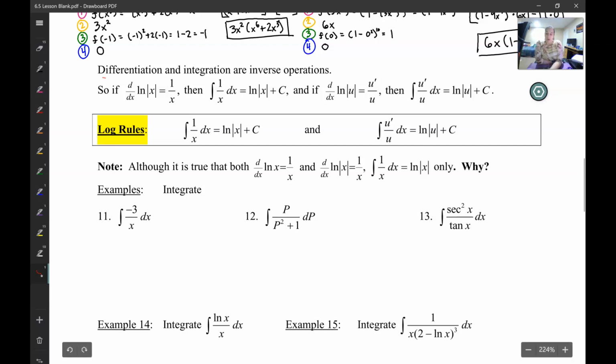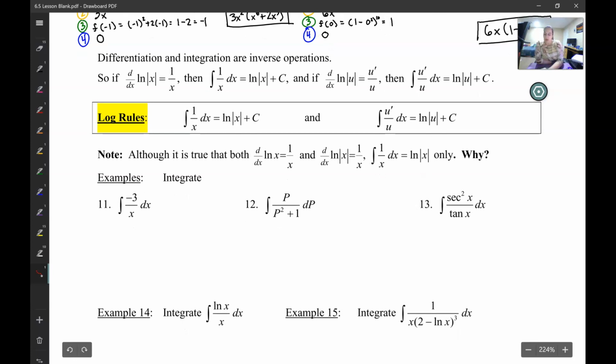And we know that differentiation and integration are inverses, they're opposites. So if the derivative of ln of absolute value of x is 1 over x, then the integral of 1 over x is going to be ln of the absolute value of x. They're opposites. So right here, we have our official rule.